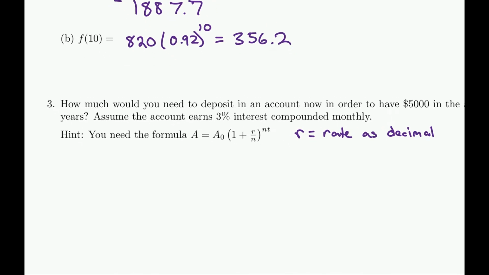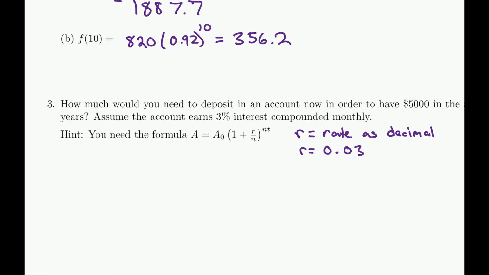And if we read this problem, it says here, the account earns 3% interest. So this is the interest rate, 3%. But as a decimal, 3% is 0.03, right? You have to move the decimal place over 2 spots to make it a decimal.